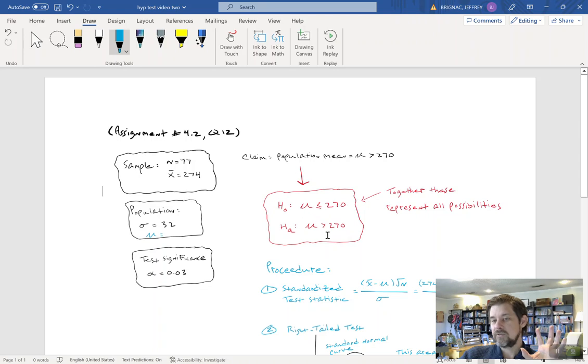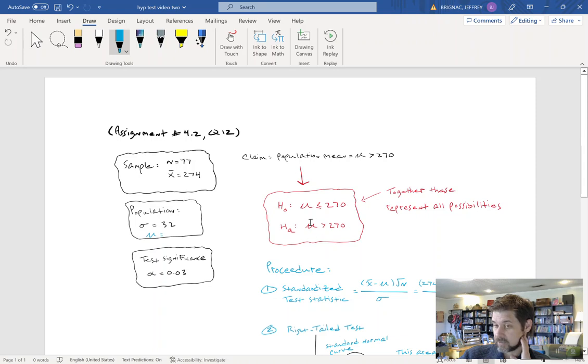Now, what's true if mu is not more than 270? When I say that these represent all possibilities, what's left? Well, that would be mu being 270 or less, and together this makes up the whole continuum of numbers. This one I was given, and this is what would be the case if this one's not true.